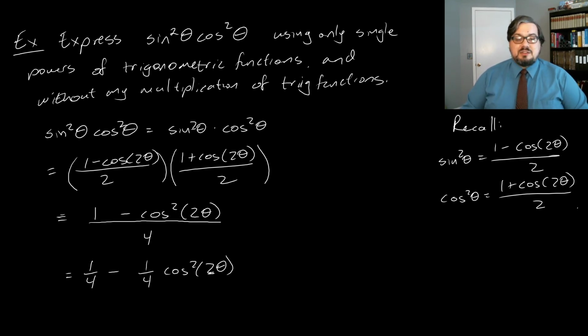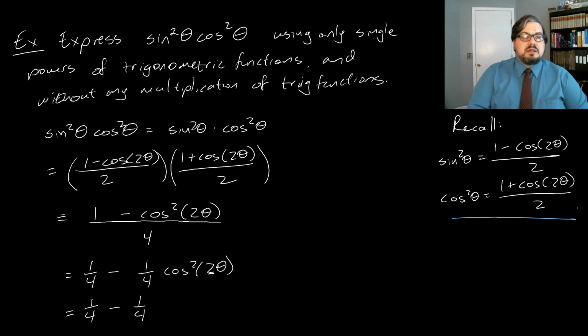But to continue the process, we're just going to apply the second identity over here, the half angle identity for cosine, again. Now, the thing to be careful of here is that in this formula, we start with cosine squared of some angle, which we've called theta in this problem, and then we wind up with double that angle in the formula here.